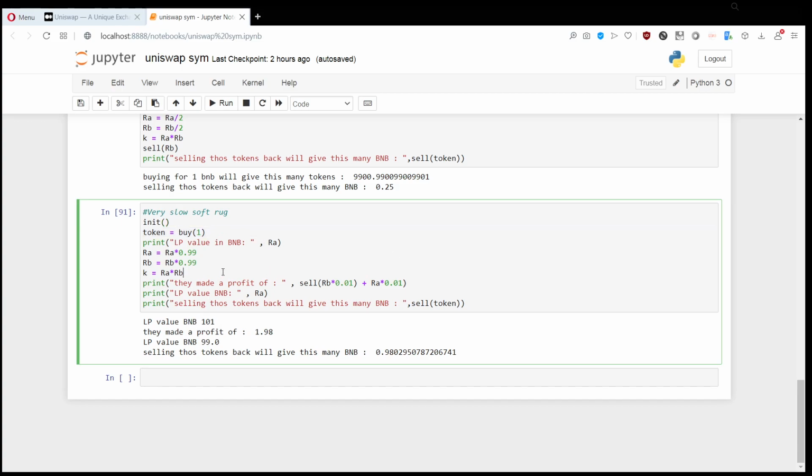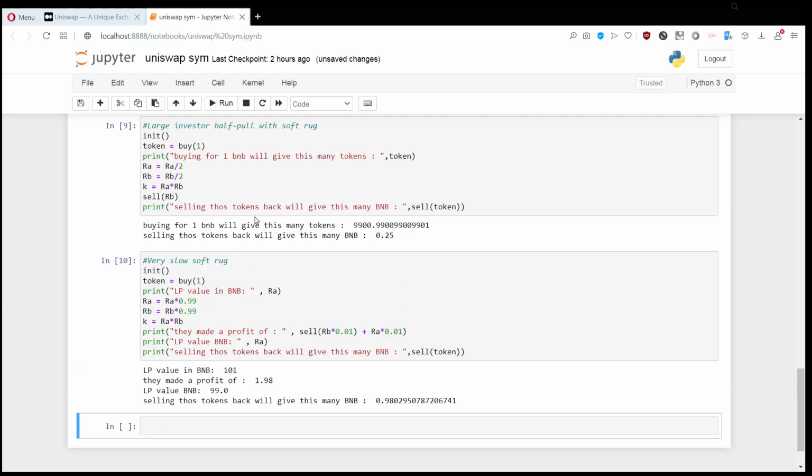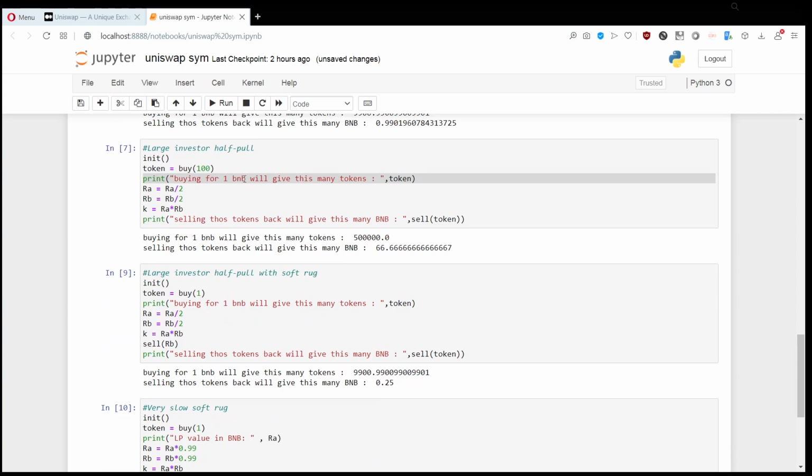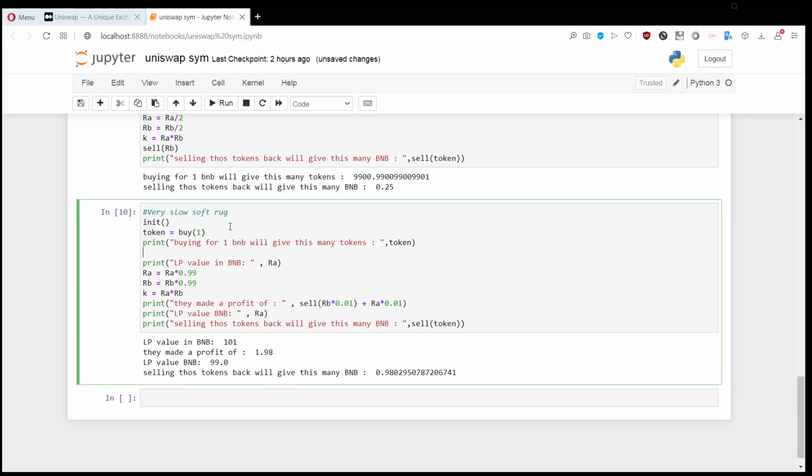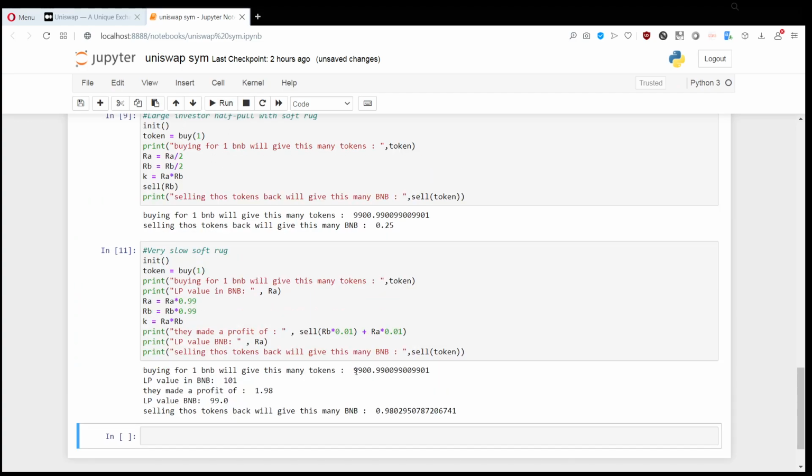So you buy the token and you get your initial 9,900 tokens, which is what you expect from this formula. And once you did that, the LP value will go up to 101. It's expected, I mean, you put one extra BNB there, there was 100 before, so now there is 101. And they take out 1% of this liquidity pool, right?